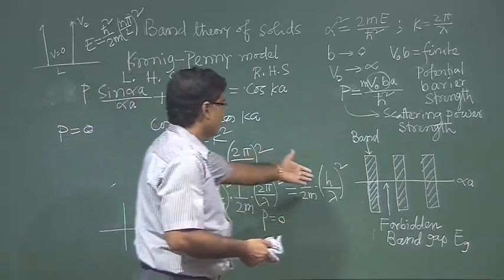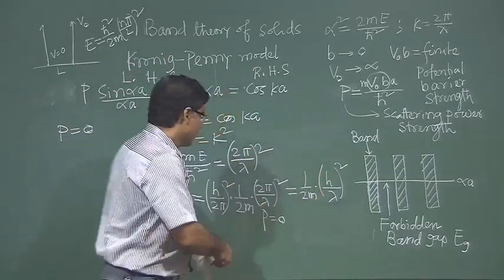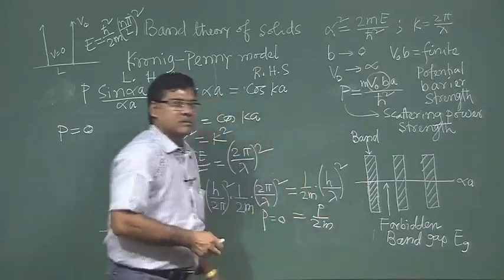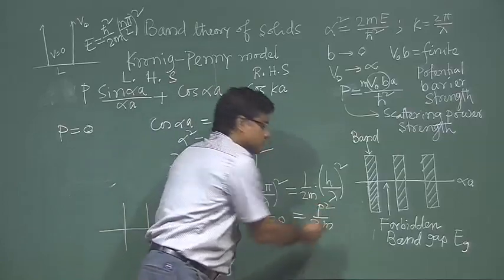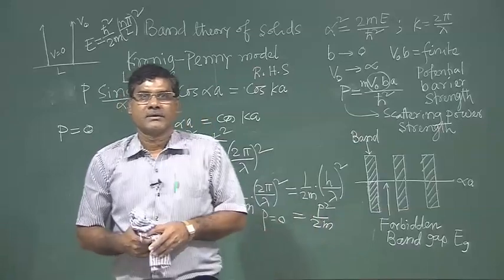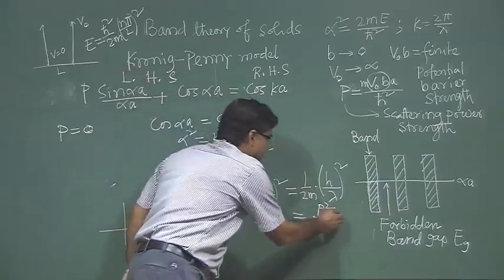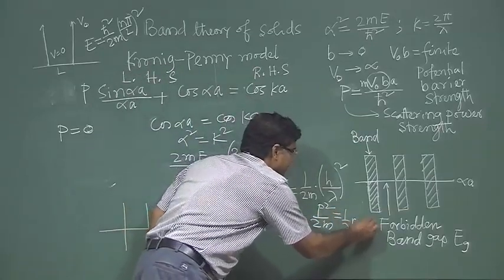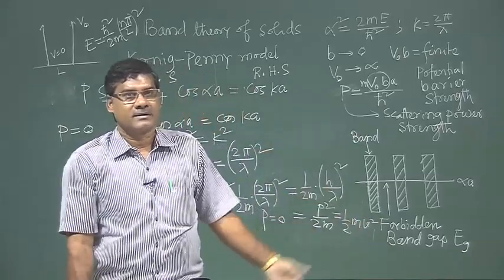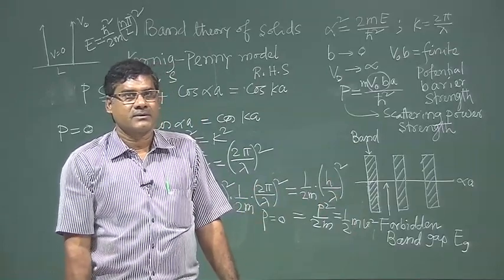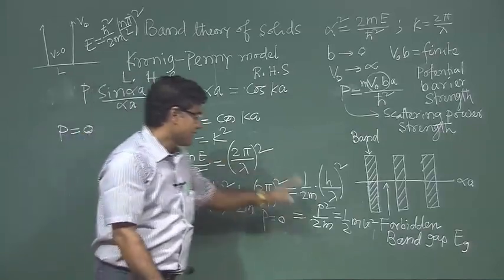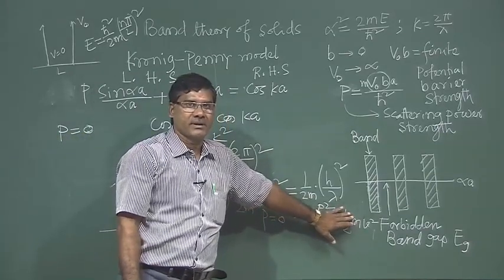So h by lambda is p, and this is basically p square by 2m. This is for a free particle, it is half m v square. So this energy expression tells us that the electron is free. So when P equals 0, the electron is completely free.